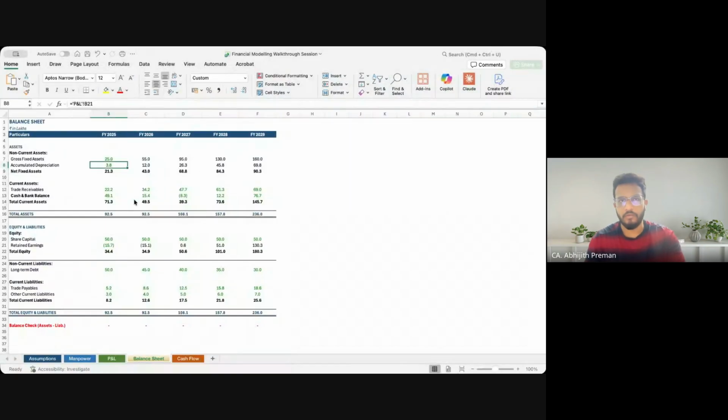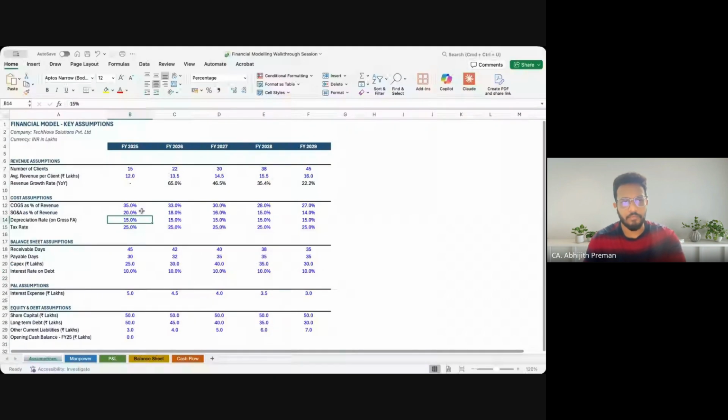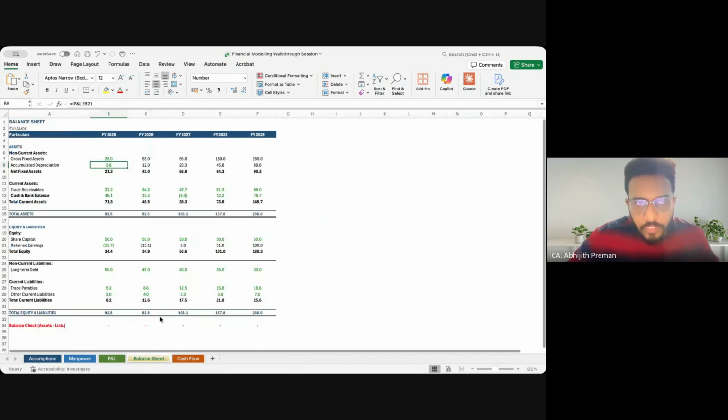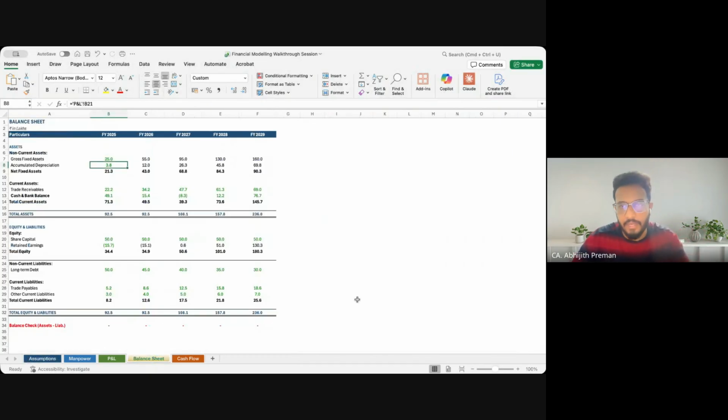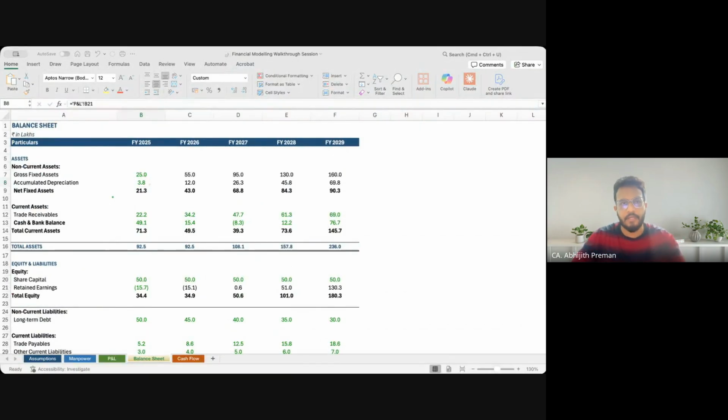It's 3.8: assumptions B14 into assumptions B20. B14 is the depreciation rate of 15%, and capex is 25 lakhs. So 25 into 15% depreciation is coming, 3.8 lakhs. So the net asset value is 21.3 lakh.